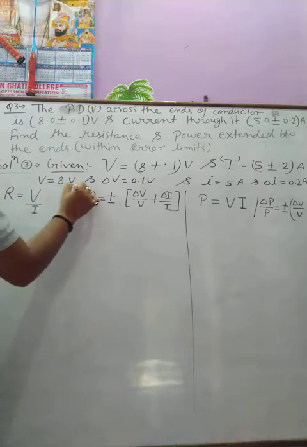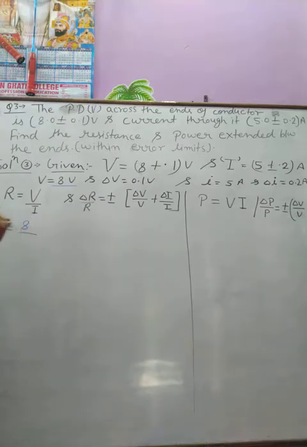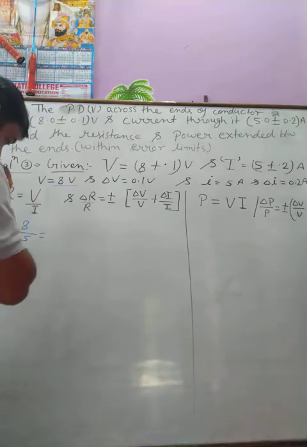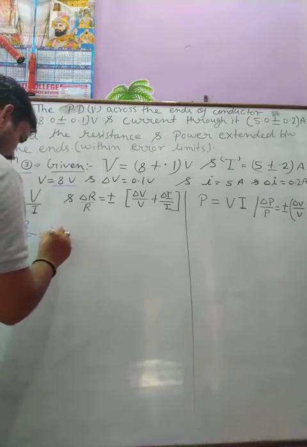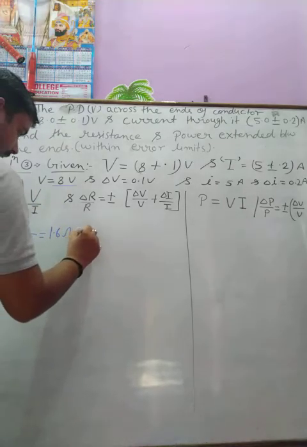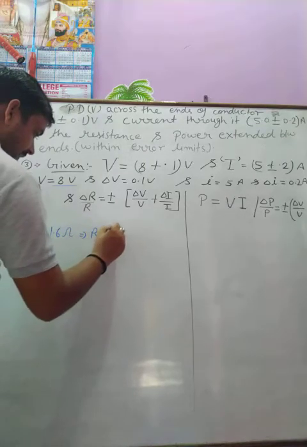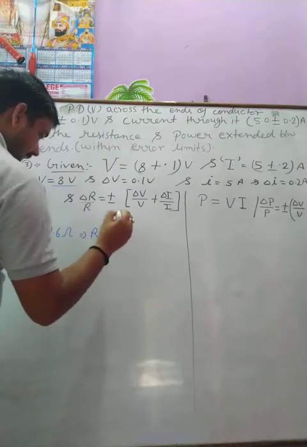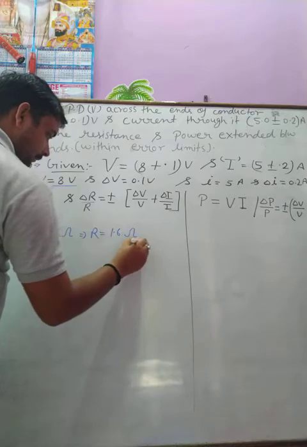V we have student 8 volt and I we have 5. So this result we have 1.6 ohm. This is the value for resistance, 1.6 ohm.